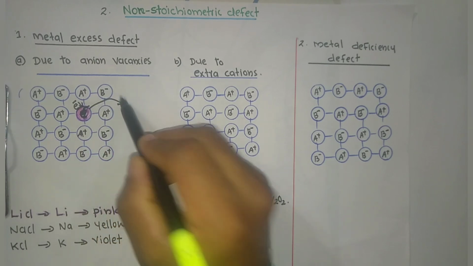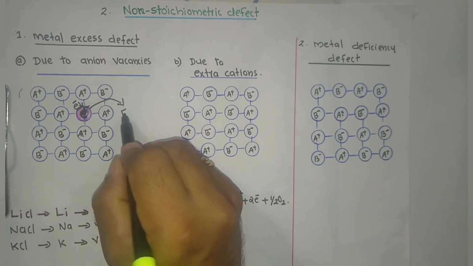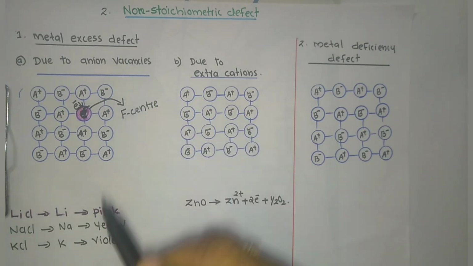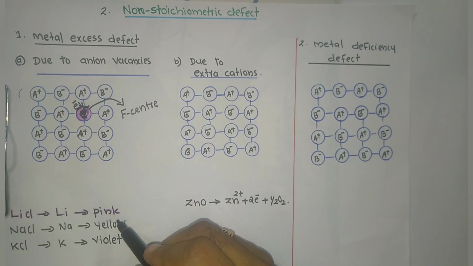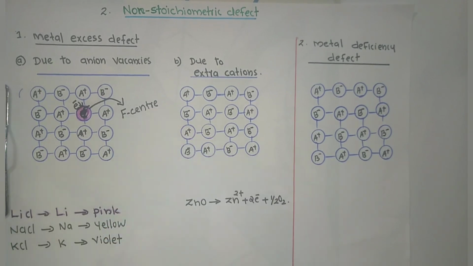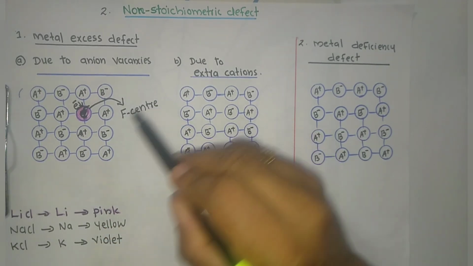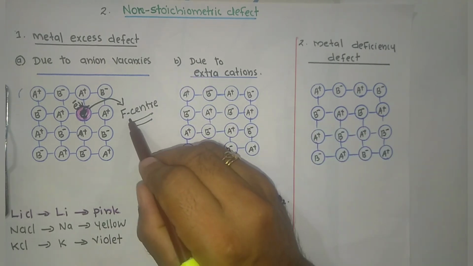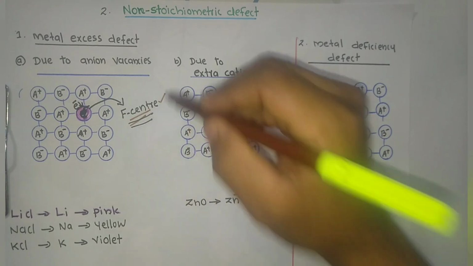This is called F center. F center means Farben center or colored center. This F center imparts a particular color to the crystal.